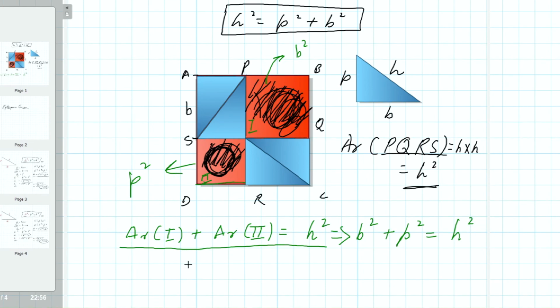We can rearrange it as follows: H square is equal to P square plus B square. This is the formula, or theorem, known as the Pythagoras theorem, which we have just proved visually with the help of a square and right angle triangles.